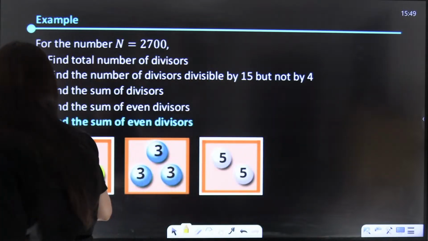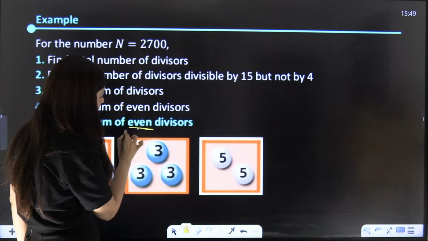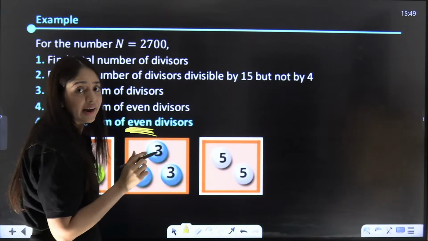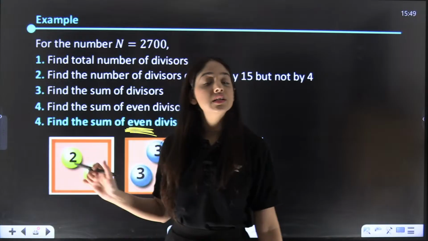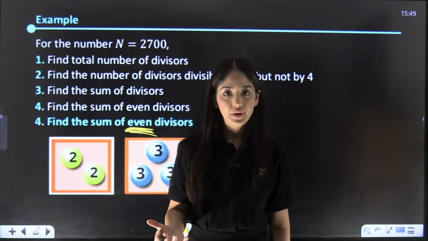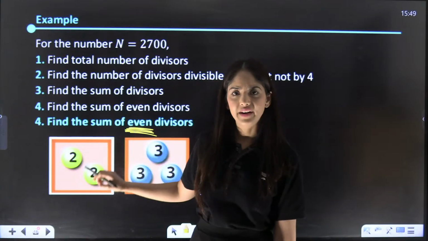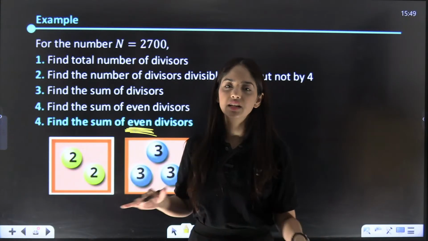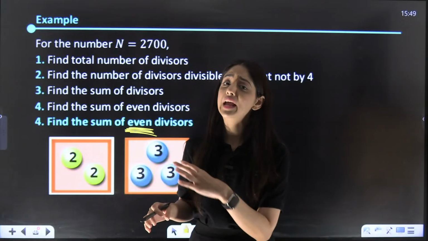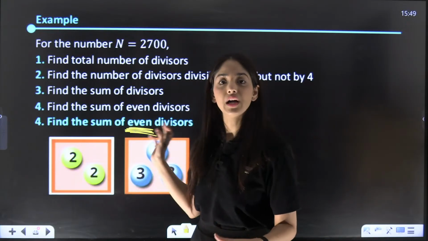Now, we need to find the sum of all even divisors. Even divisors, that means at least one 2 should be there. 2 raised to power 0 is not an option now, right? 2 raised to power 1. As soon as we add at least one 2, it becomes even and then it's fine. But if we do not take any 2, then it's an odd number and that is not what we are considering here.